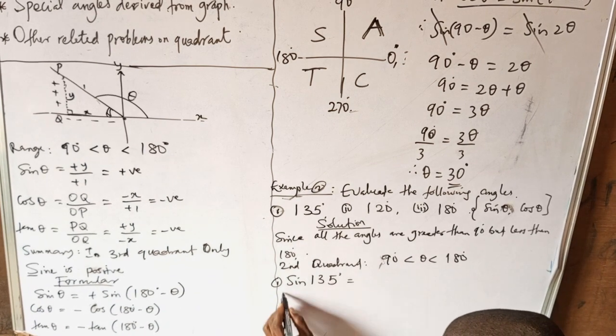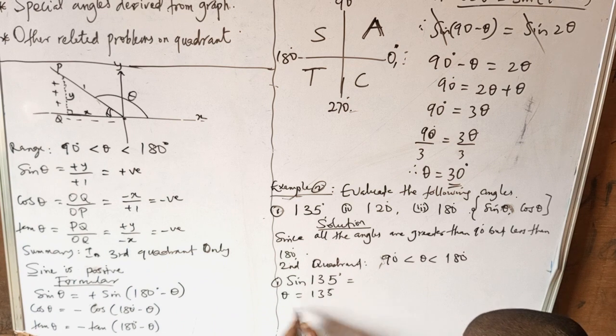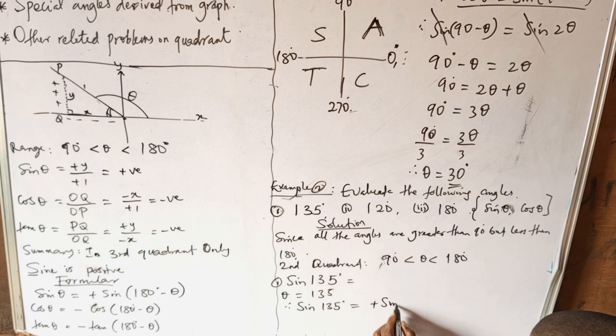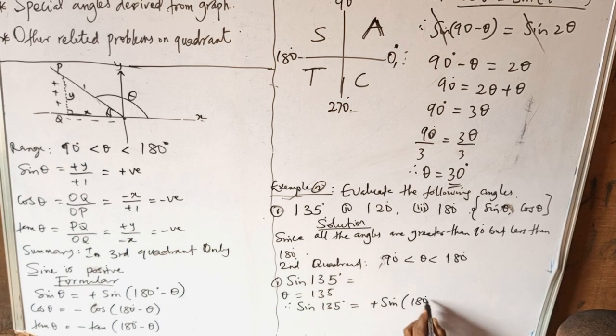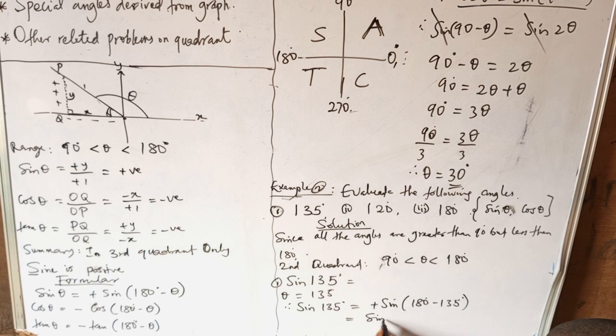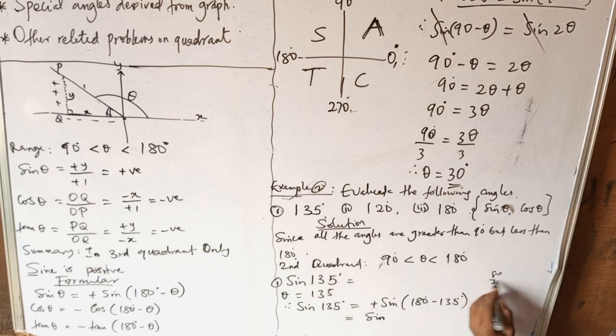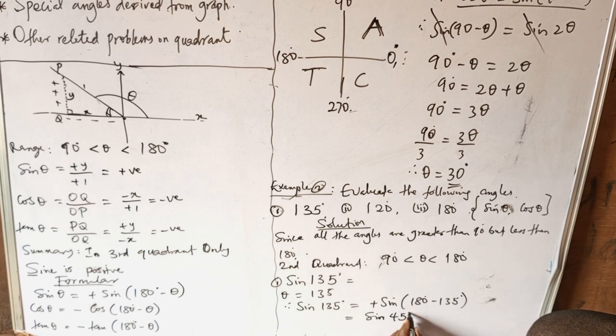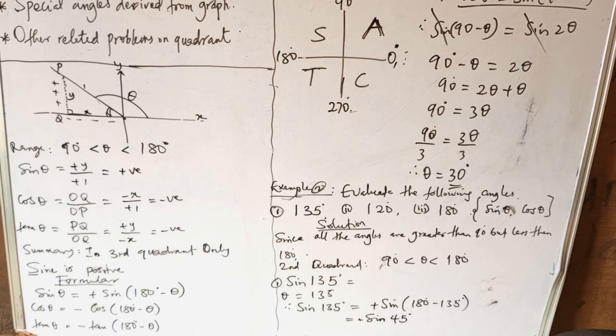So if our theta is 135, therefore sine 135 degrees is equal to plus sine into 180 degrees minus 135 degrees. And that gives me sine 45 degrees.